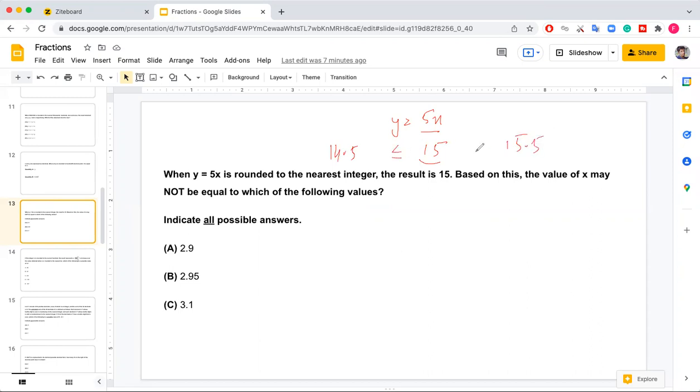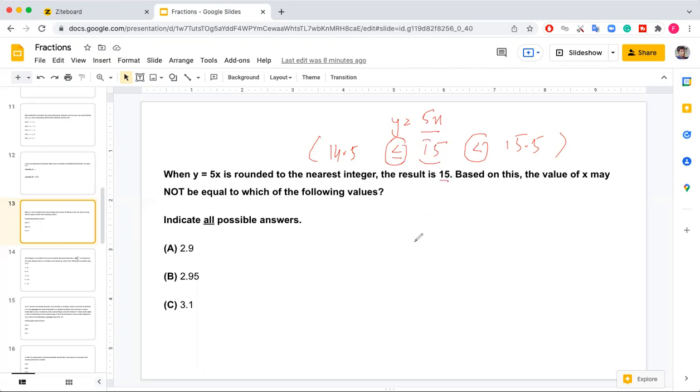So this is a possible scenario. Just see this sign: this means less than, not equal to this, and this means greater than or equal to this, right? So if we have 5x greater than or equal to 14.5 and less than 15.5, and we round that value to the nearest integer, the result is 15, right?